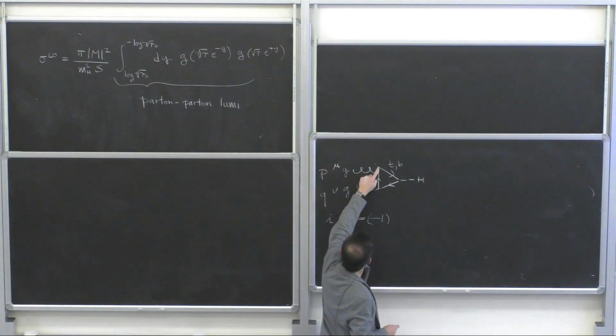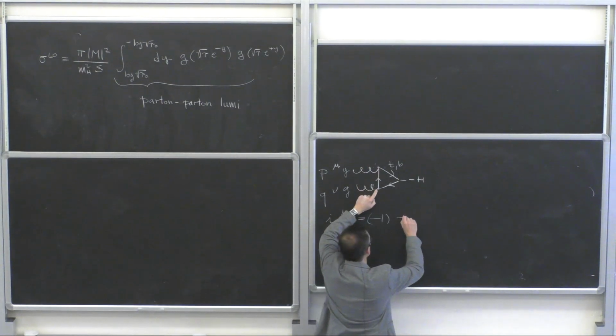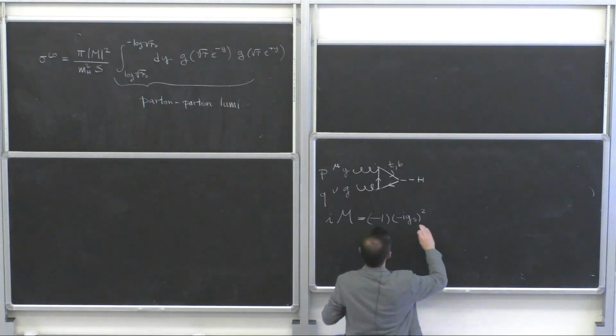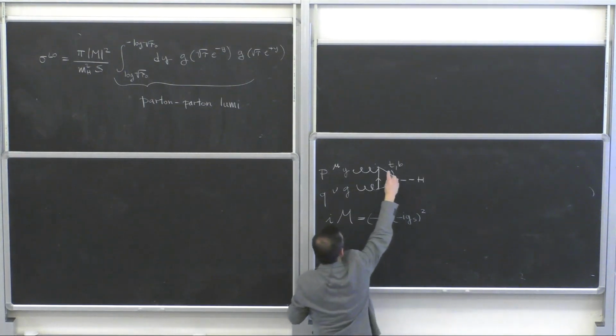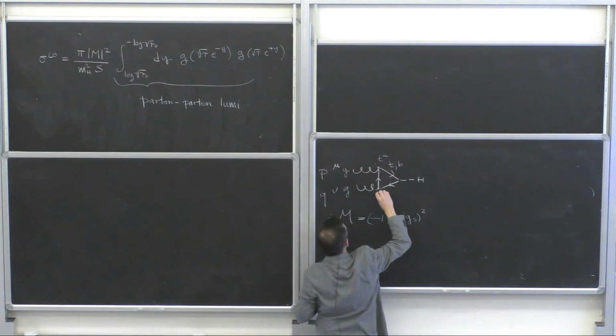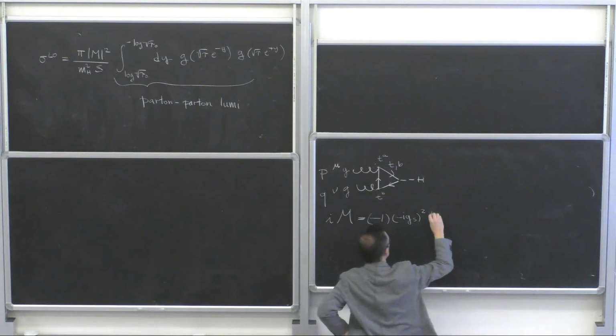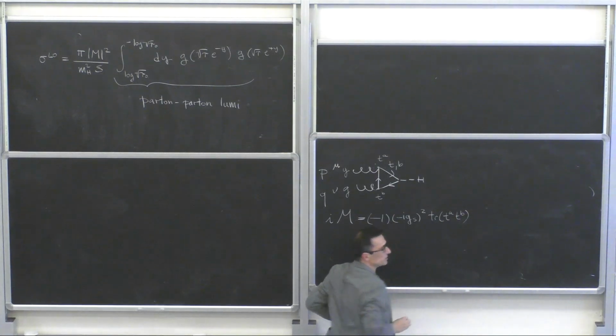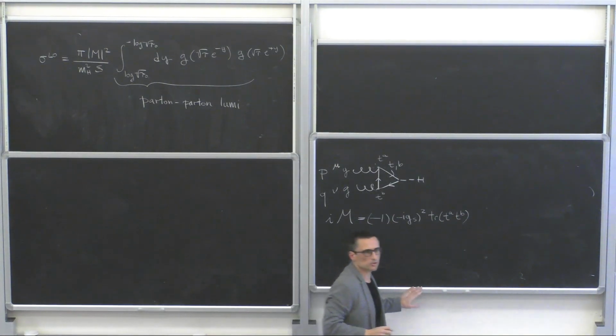Then I have 2 couplings from QCD, which is GS, G strong. Then this is a loop, a fermion loop. There are 2 color matrices here, TA and TB. So this is trace of TA and TB. TA and TB are the generators of SU3.